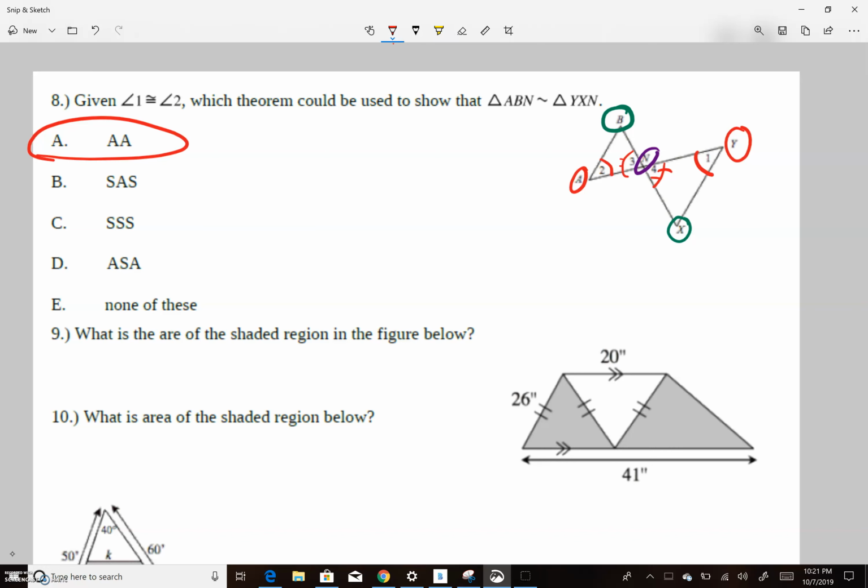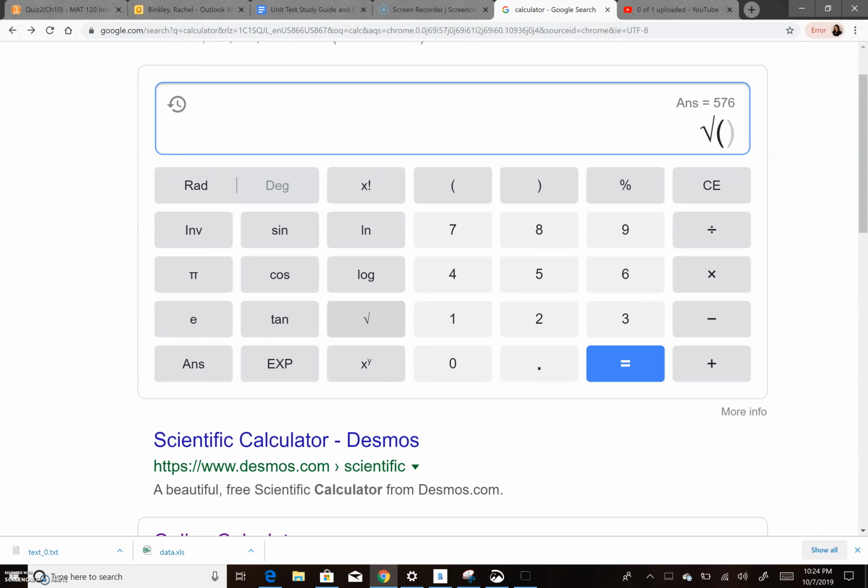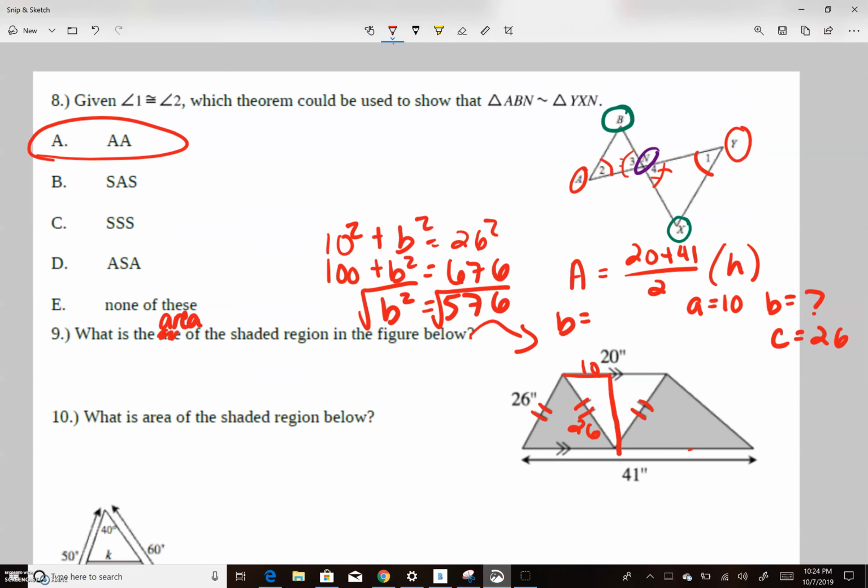So B, which is actually my height, is the square root of 576, which is 24. Boom. Okay, so B is equal to 24. So that is my height.